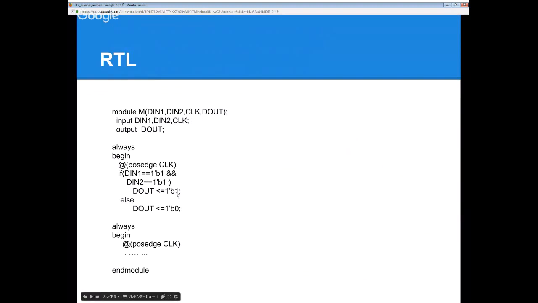It's almost the same, but the big difference is that in software, statements are processed sequentially, but here we have these two blocks working in parallel. That is a big difference from software. So debugging HDL is slightly different from debugging C code.